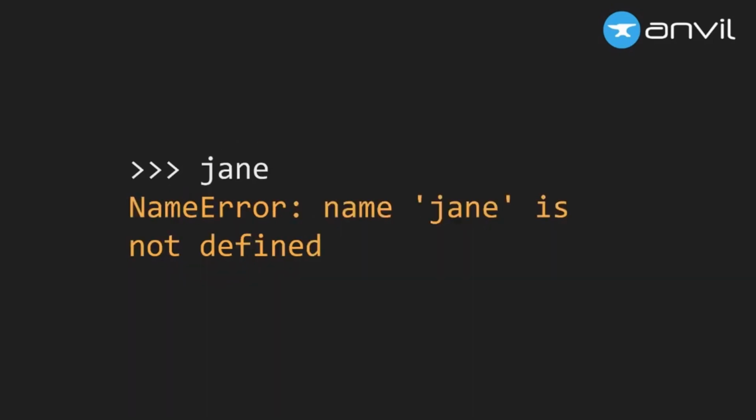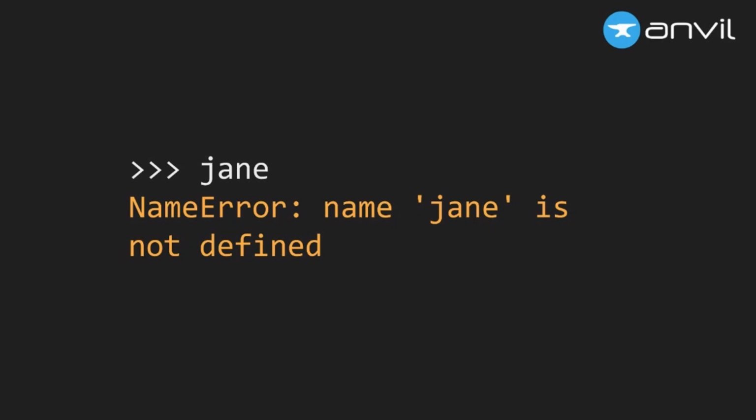But if we try to access Jane via the name small j jane, that name has been deleted from the namespace. Now we've got into a situation where these two objects still exist, still have their name attributes, but can't be accessed by the names that we originally assigned to them. And they've had their finalizers called already.